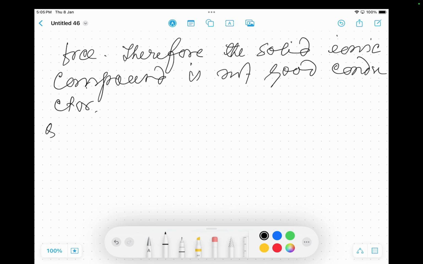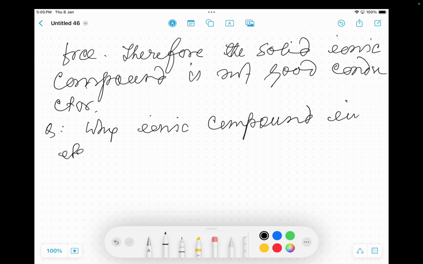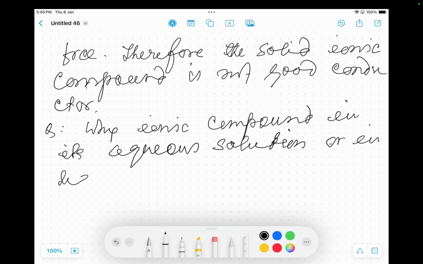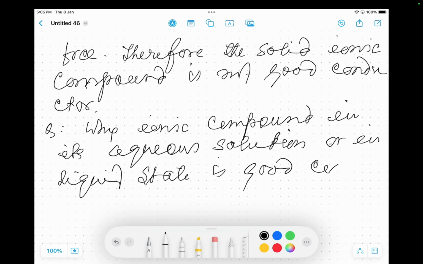Now the second question is, why is an ionic compound in its aqueous solution or in liquid state a good conductor of electricity?